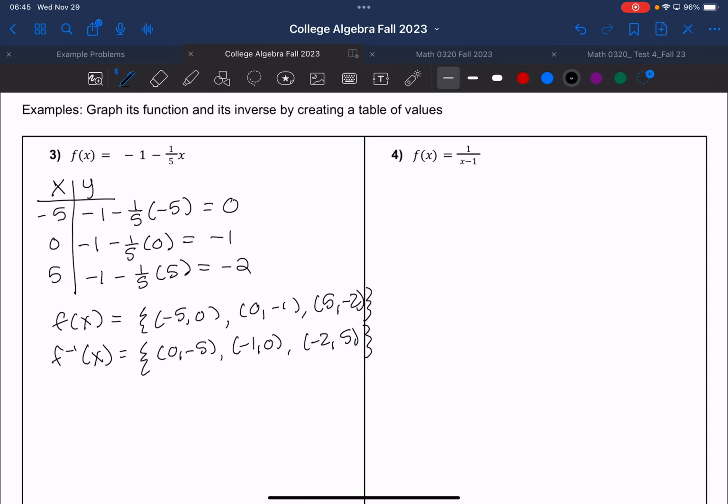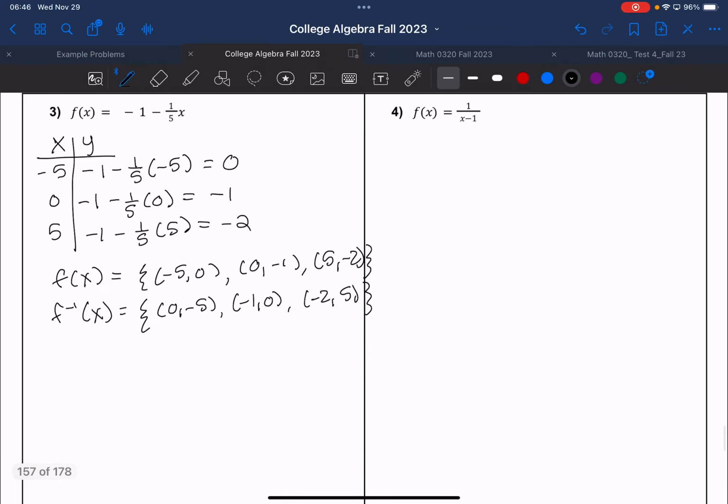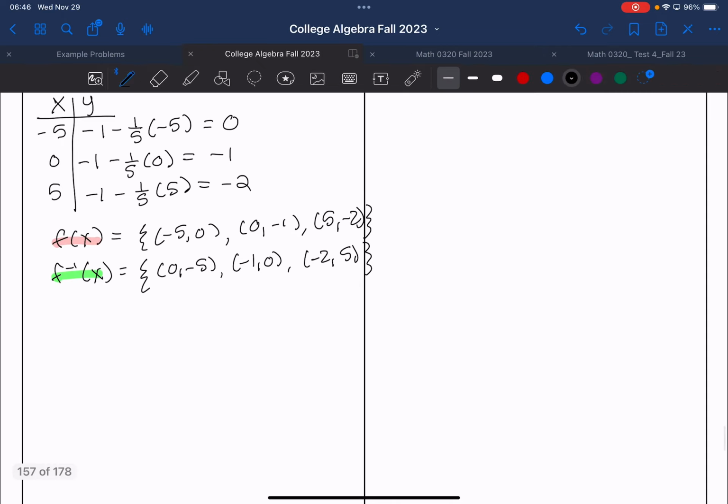Okay? And from here, we're just going to draw a rough sketch of both so you could see both of these functions on one graph. So I'm just going to highlight these ones in different colors. And then I'm going to go ahead and plot my original function. So I'm going to plot -5, 0.